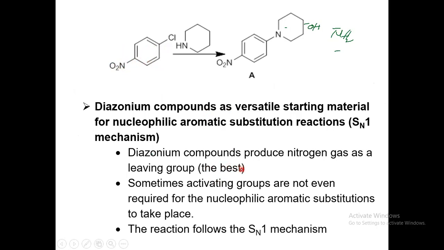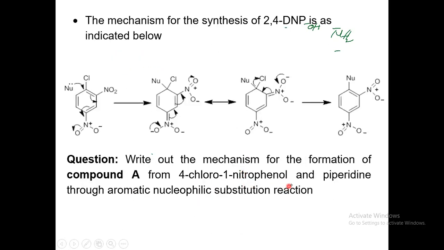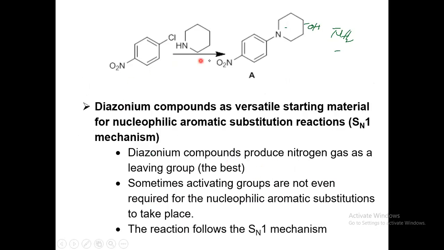Good. Now we have the next reactant being piperidine, right? So we are just supposed to show the mechanism. But now they are giving us the overall reaction. We have to draw out the mechanism. So let's share a white screen and quickly kill this question. Very simple. Good.